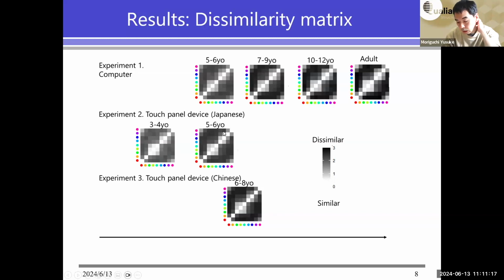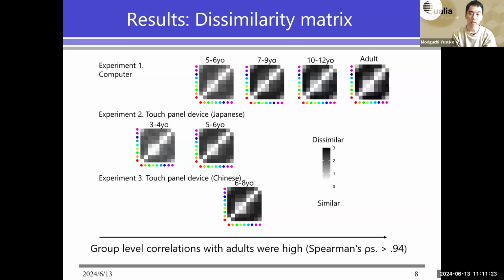But we calculated the mean correlation, and the group-level correlation with adults was extremely high, with means above 0.994. So generally, at the group level, we confirmed that the similarity matrix is very similar across age groups from 3 to 4-year-olds to adults.